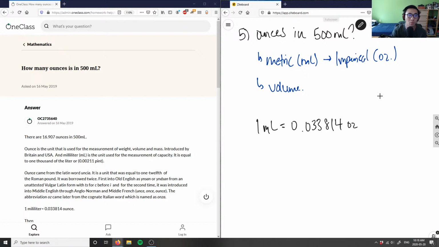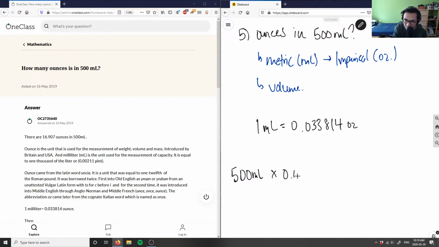So we want to again use this concept of unit analysis. If I'm beginning with 500 mLs, I'm going to multiply by our conversion factor. I know that there's 0.033814 ounces per milliliter.